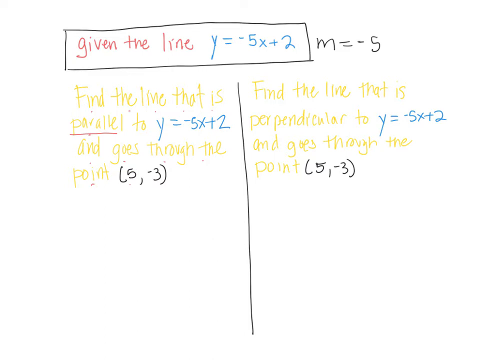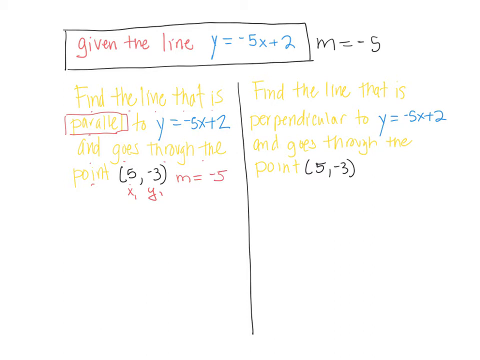So how I interpret this is my x1, y1. And then I need to know that if lines are parallel, that they have exactly the same slope, and the slope that I'm using is -5.